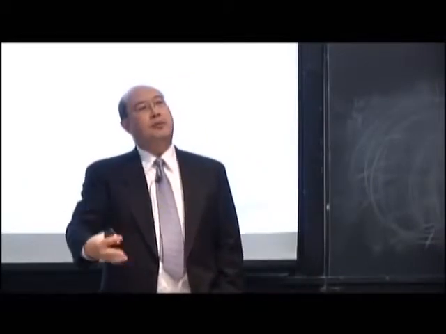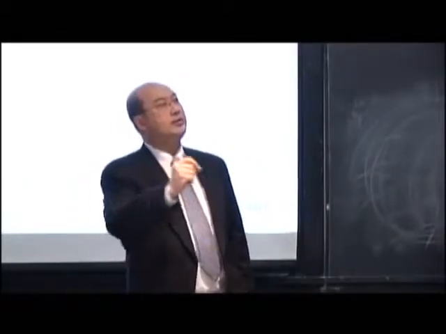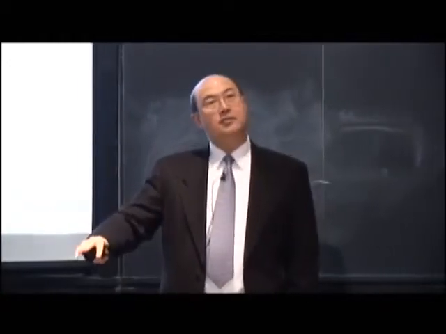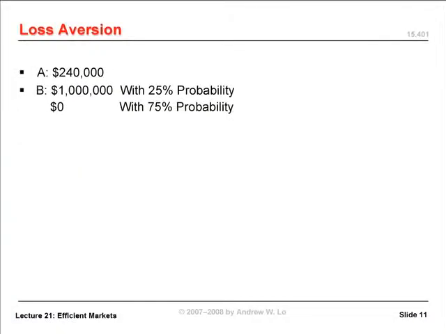This is an example where clearly most people, when they're confronted with a choice of a certain gain versus a riskier alternative that might have even bigger gains but might also entail gaining nothing, most everybody would pick choice A over B, as most of you did when we ran this example at the beginning of the semester.